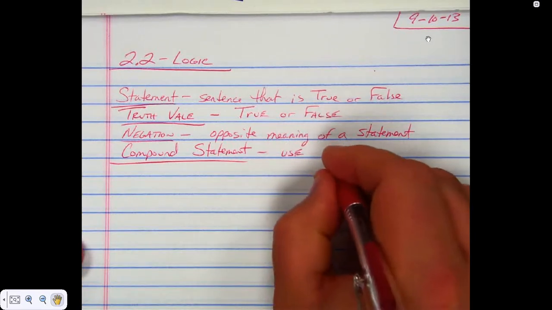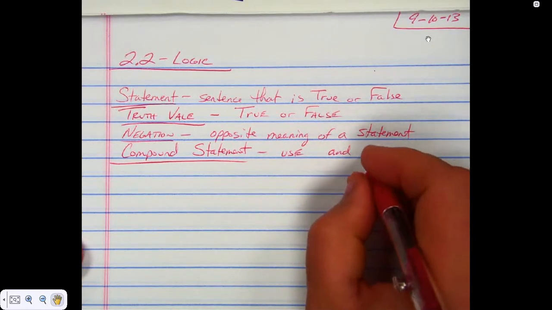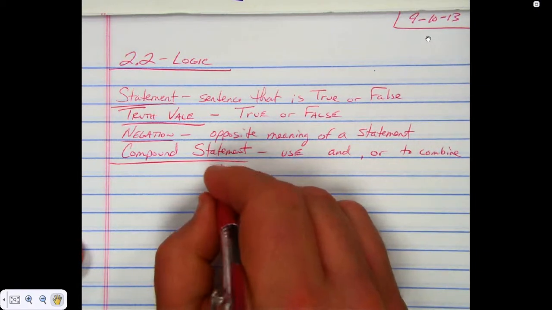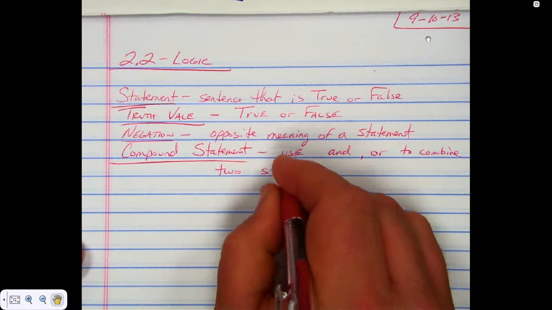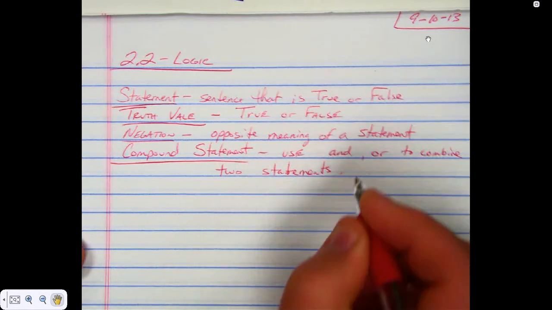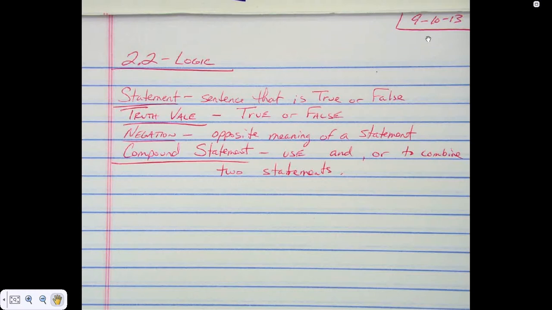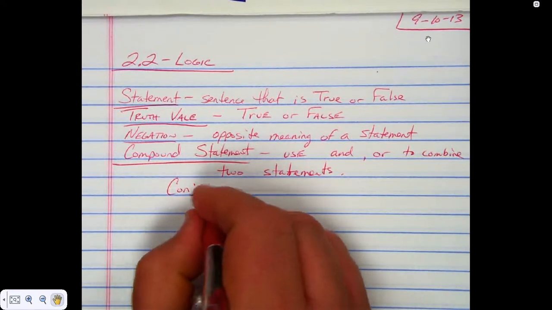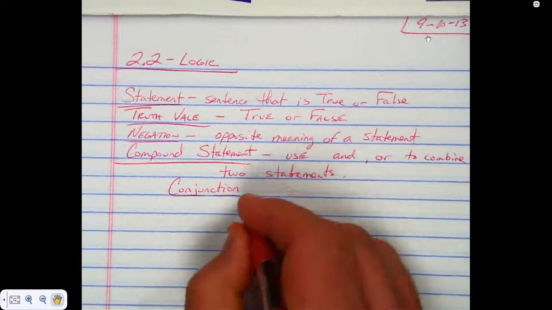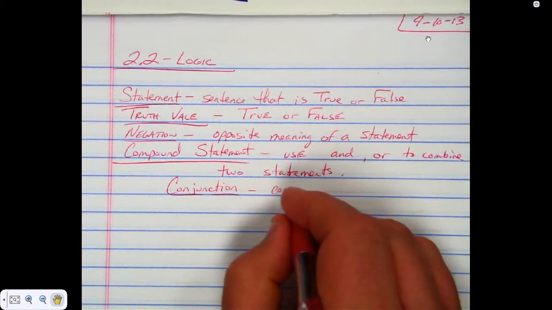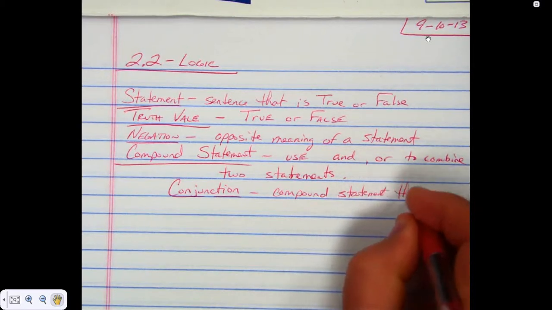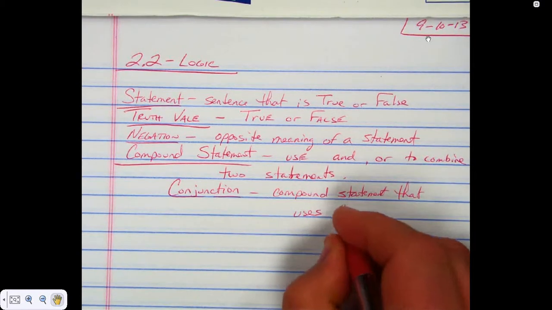Use and, or to combine two statements. More specifically, a conjunction is a compound statement that uses and.